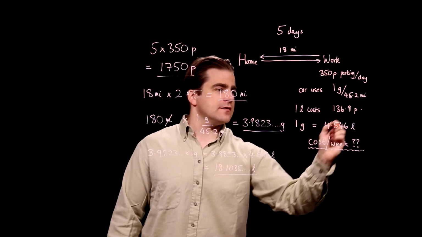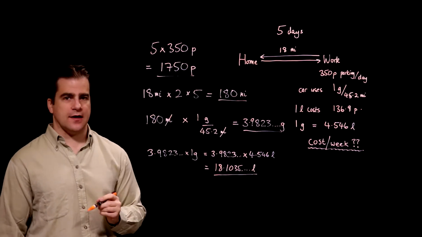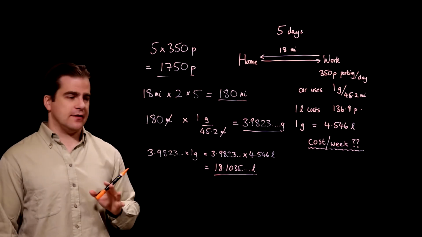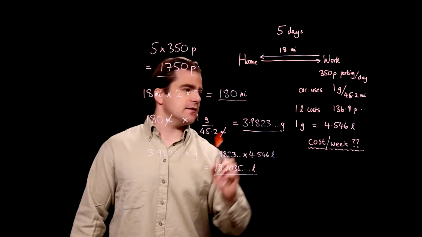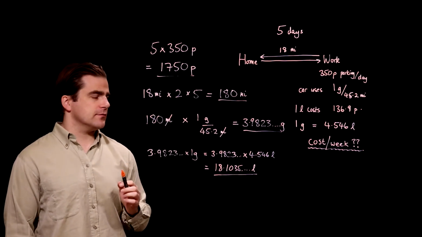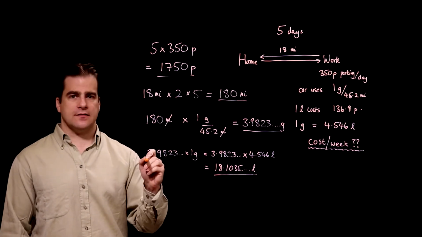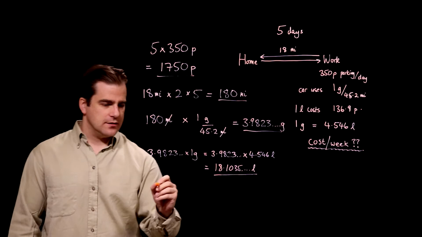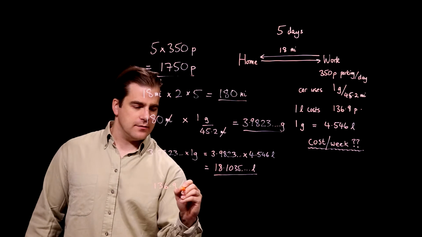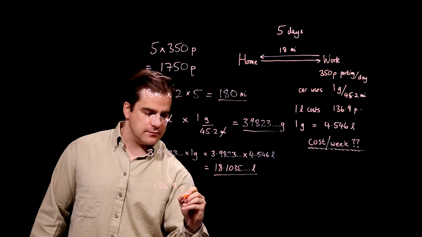Now we're just left with this. 1 litre costs 136.9 pence. Right, we're going to use the sort of units thing again. If 1 litre costs 136.9 pence, then the cost that he's paying is 136.9 pence per litre.